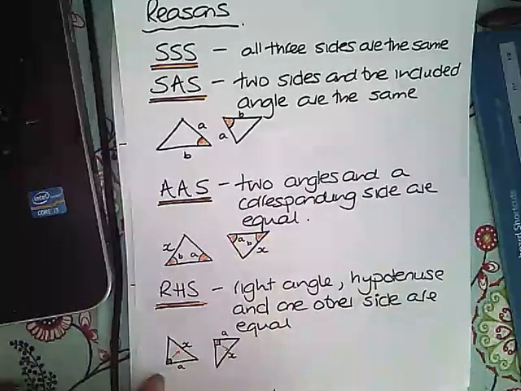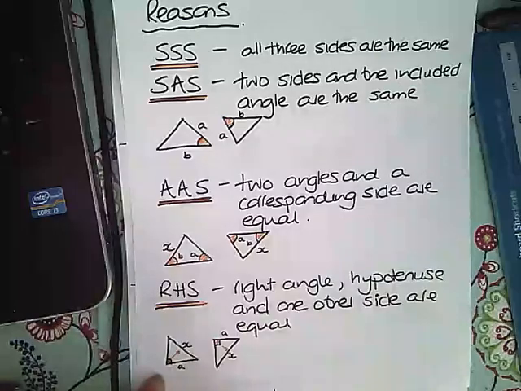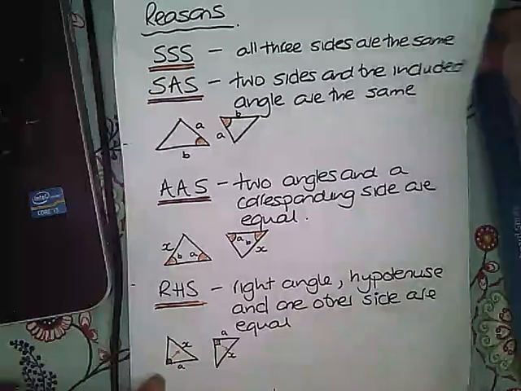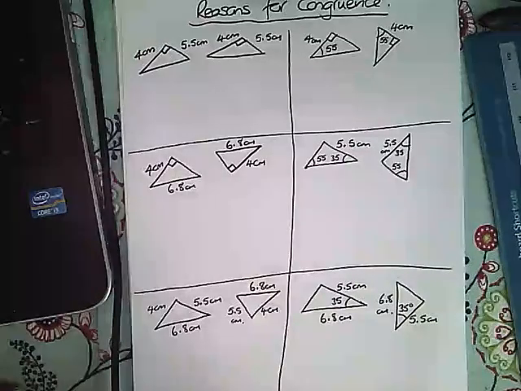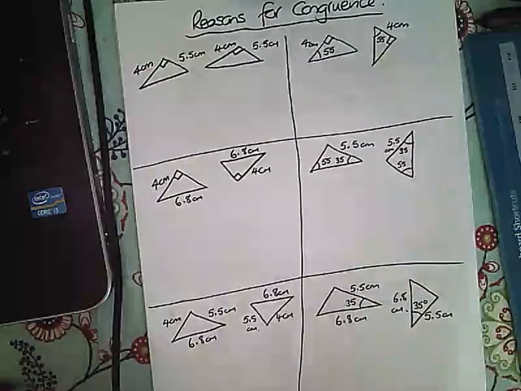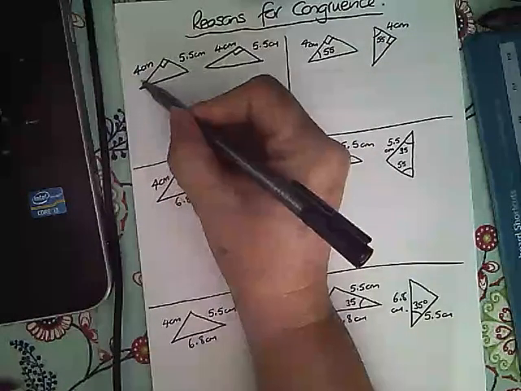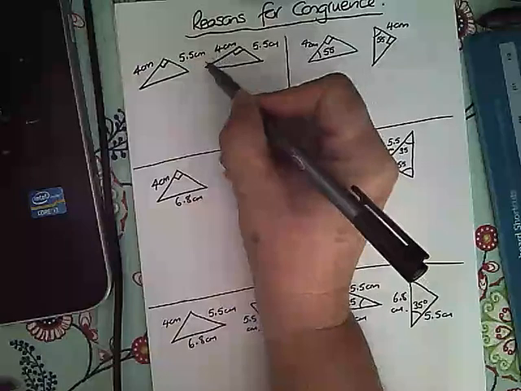So I'm now going to go through 6 examples where we're going to apply these 4 conditions. On this first example, I am looking at the fact I've got a side here that's 4 and a side in this triangle that's 4.